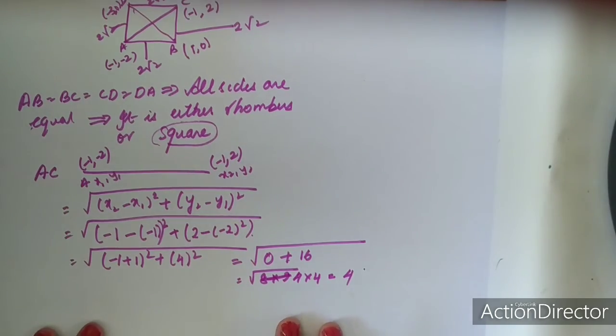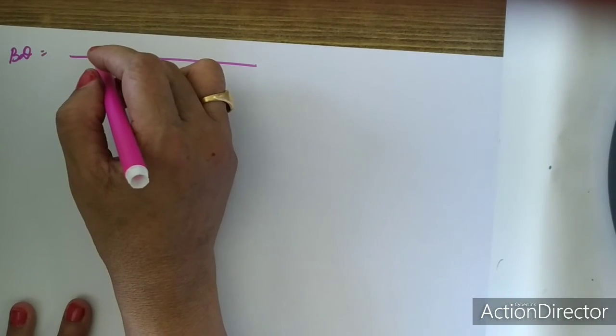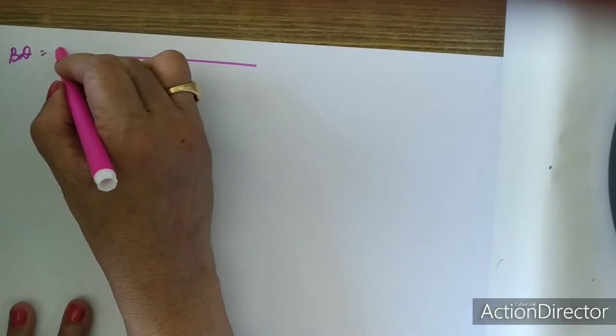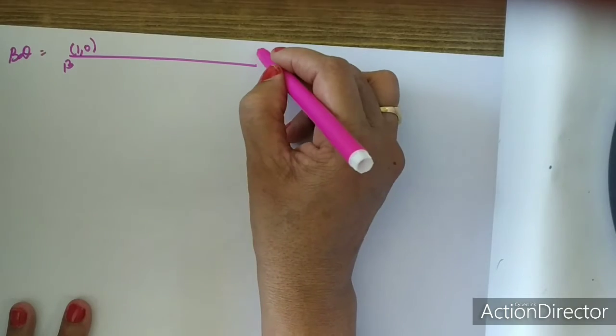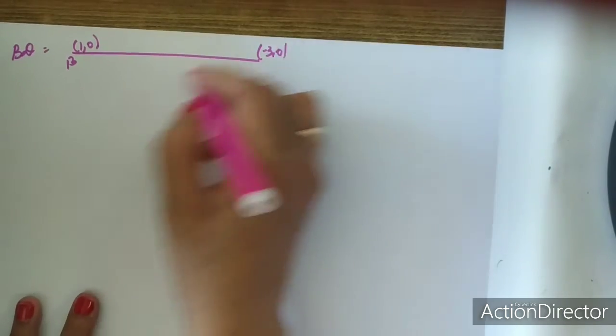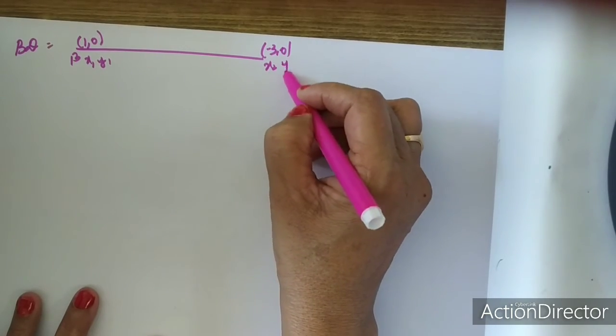Now let us calculate BD. So write the point coordinates of BD. What is B? 1, 0 and D is -3, 0. x1, y1, x2, y2.